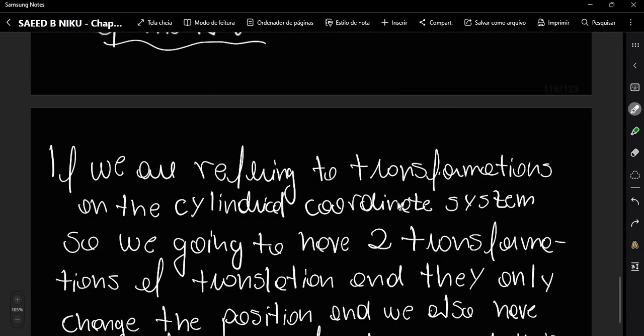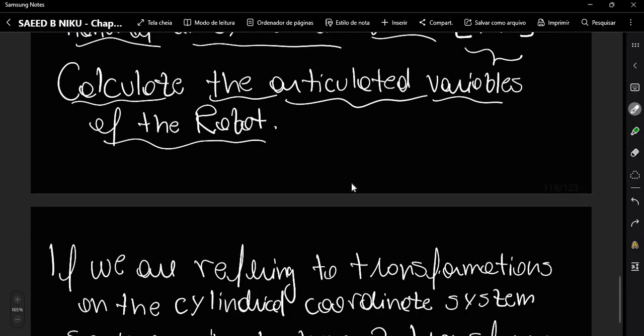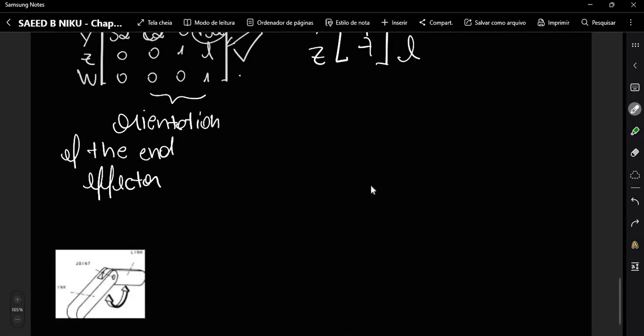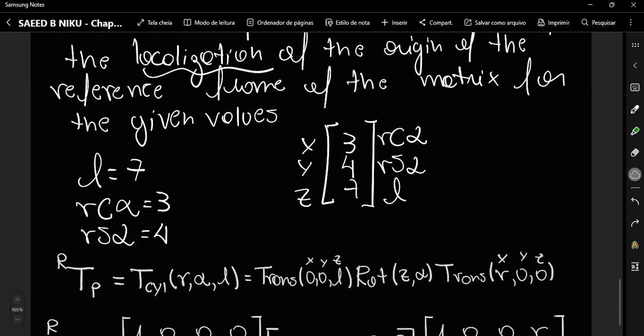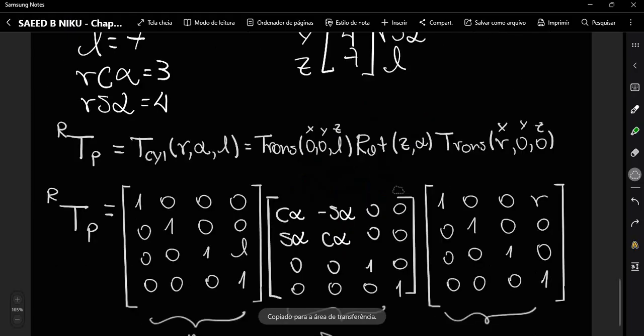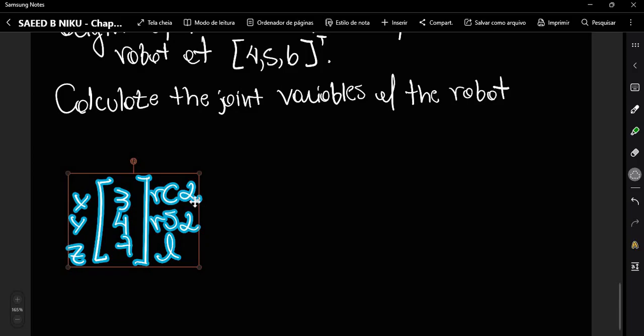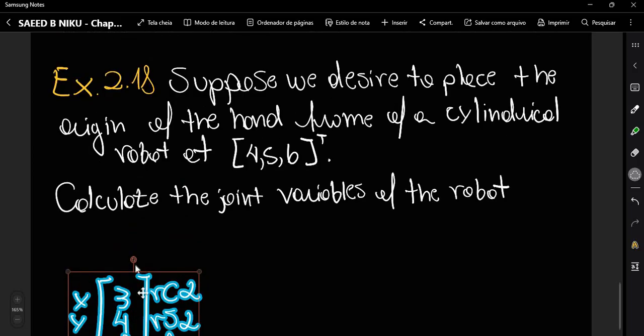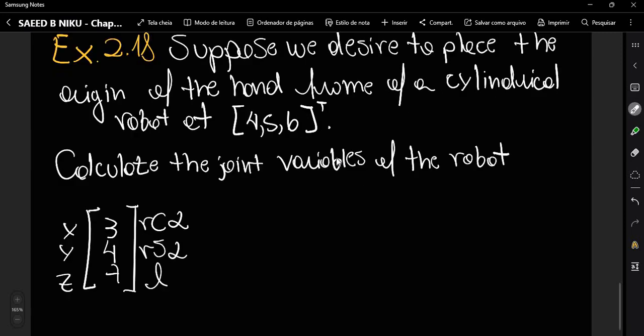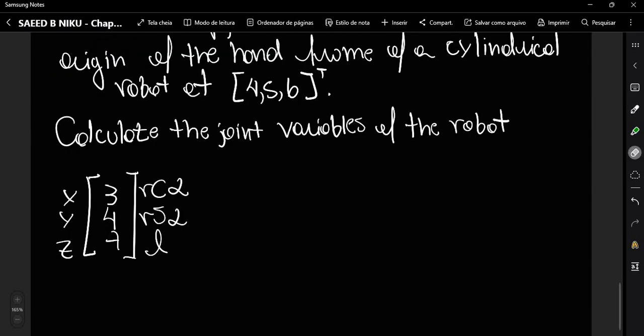As we already solved example 2.17 from the second edition, we now have a good intuition on how to solve it, so let's apply the same logic to solve example 2.18 from the third edition. I will just change the coordinates right here. Right now they are 5, 4, and 6.